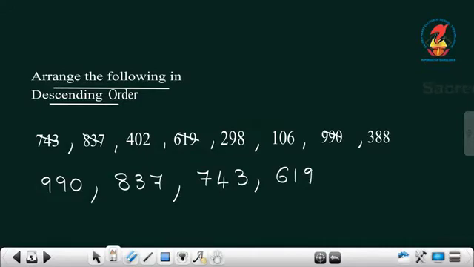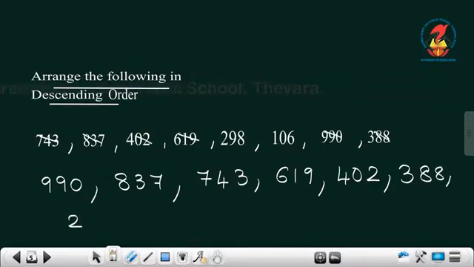A bit smaller than 690 is 402. A bit smaller than 402 is 388. A bit smaller, 298. And then the smallest one, 106. You have arranged from big to small. Understood?